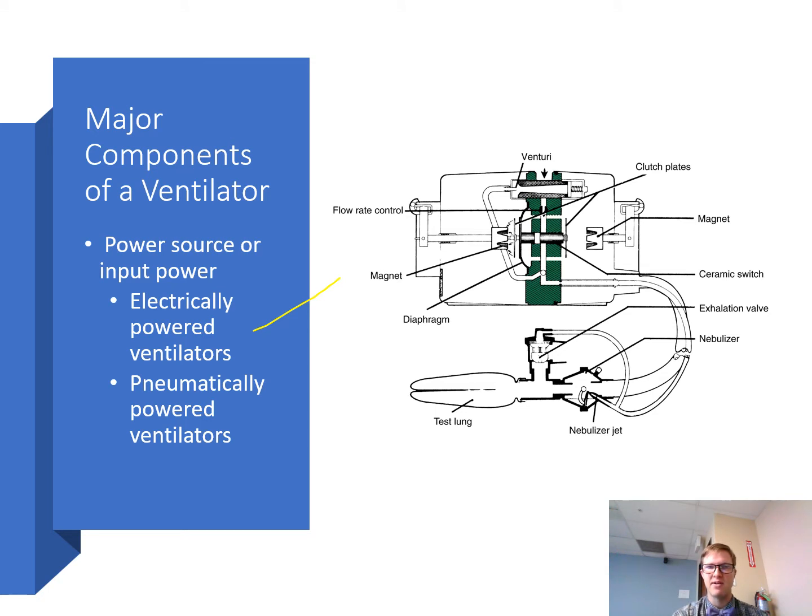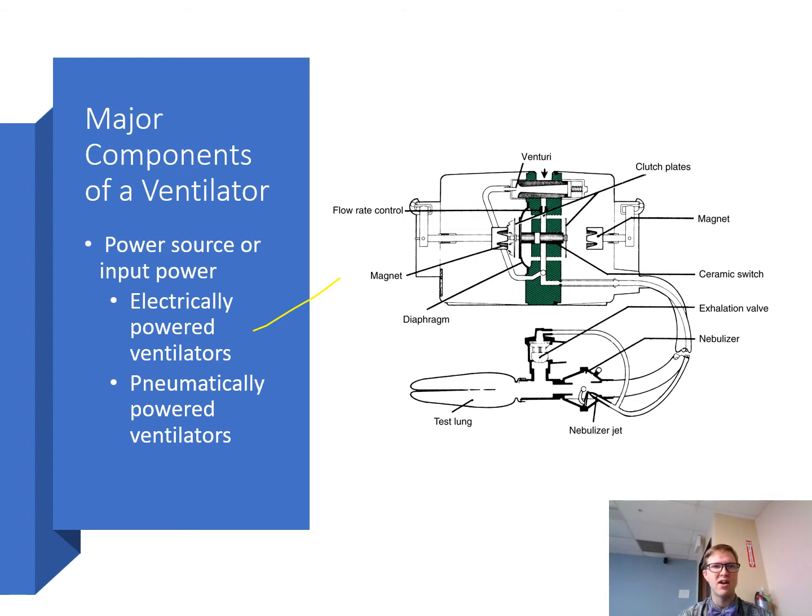A DC battery may be used, but battery power is typically used for short periods of time for transporting a vented patient, or for a home care patient as a backup power as well. Especially if their electricity fails at their house, they should have a backup battery source to help run that ventilator so they can keep going.